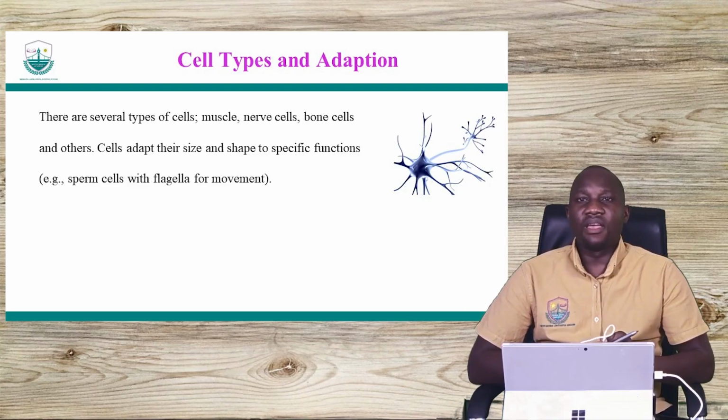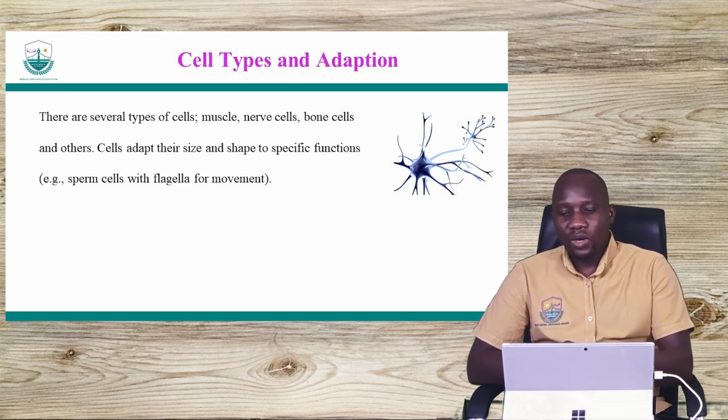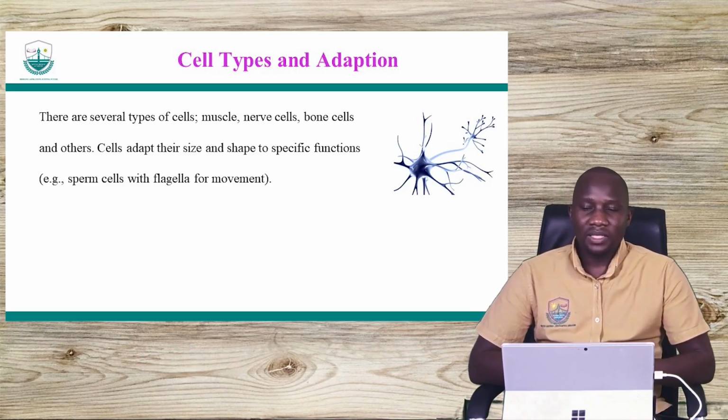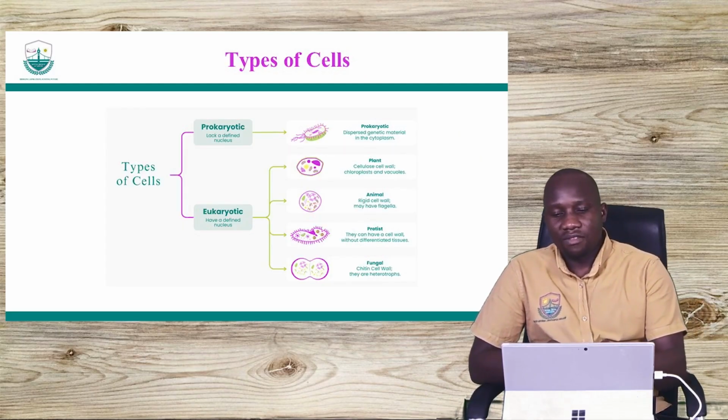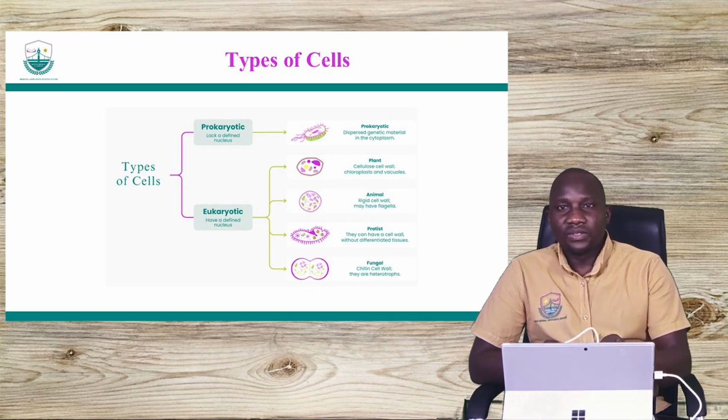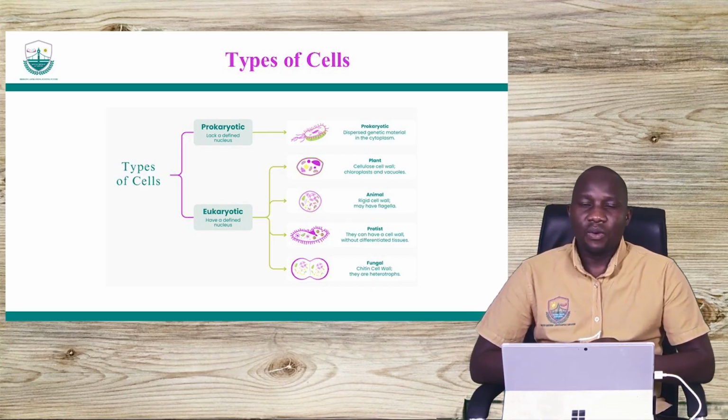So in terms of evolutionary history, these ones are higher than these. Lower organisms like the bacteria are the ones that have this type of cells. And then advanced organisms are the ones that have the eukaryotic cell.